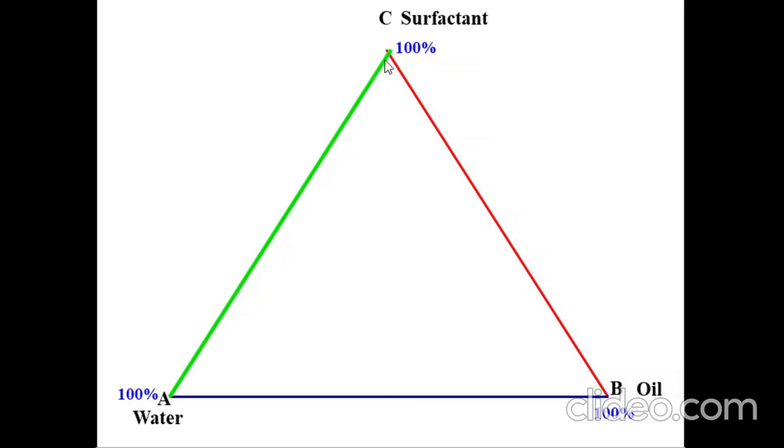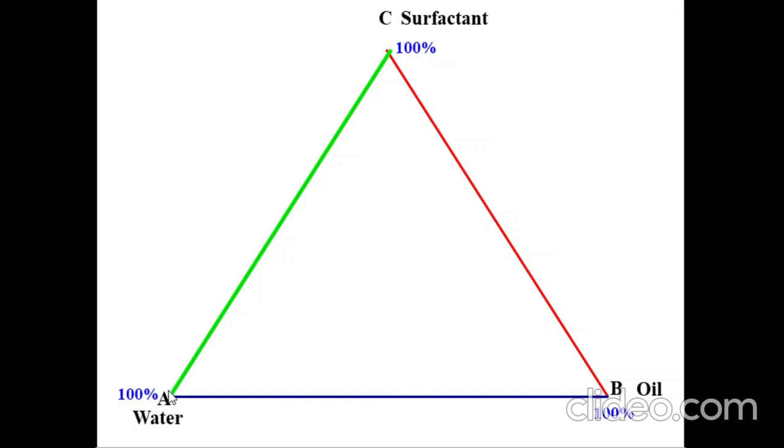That means for the vertex C, where we have 100% of surfactant, the line A, B represents 0% of the surfactant. Here, at this point it is 100% of surfactant, and at this point it is 0% of surfactant.